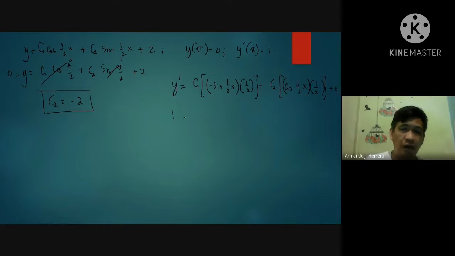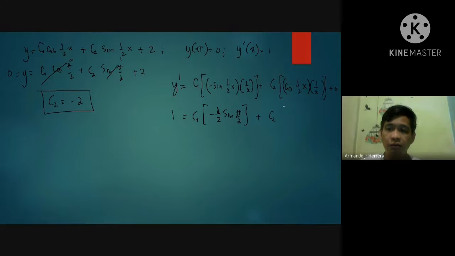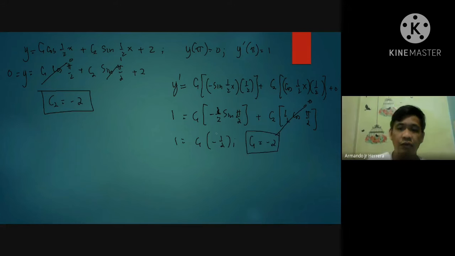So C1, this is negative 1/2 sine pi over 2, plus C2 times 1/2 cosine pi over 2. But cosine pi over 2 is 0. So 1 here is C1 times negative 1/2. Then if I am to cross multiply, C1 is equal to negative 2.